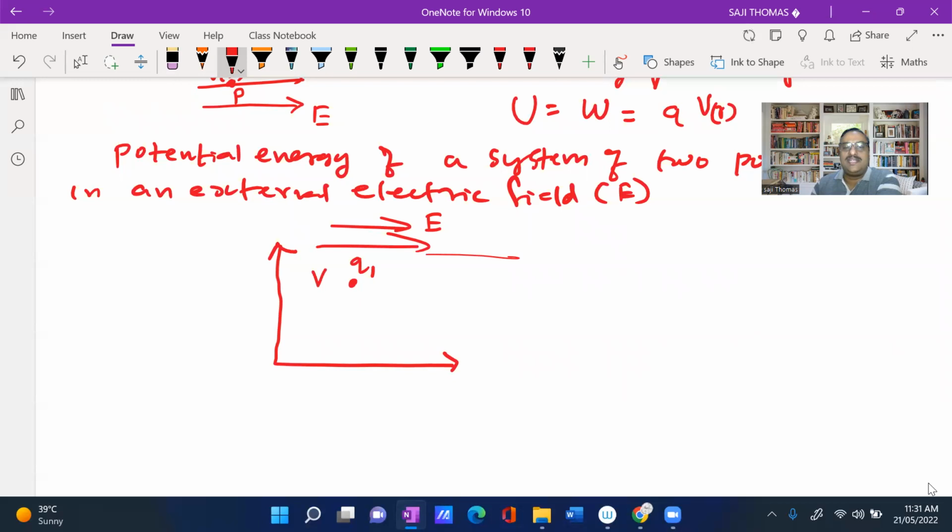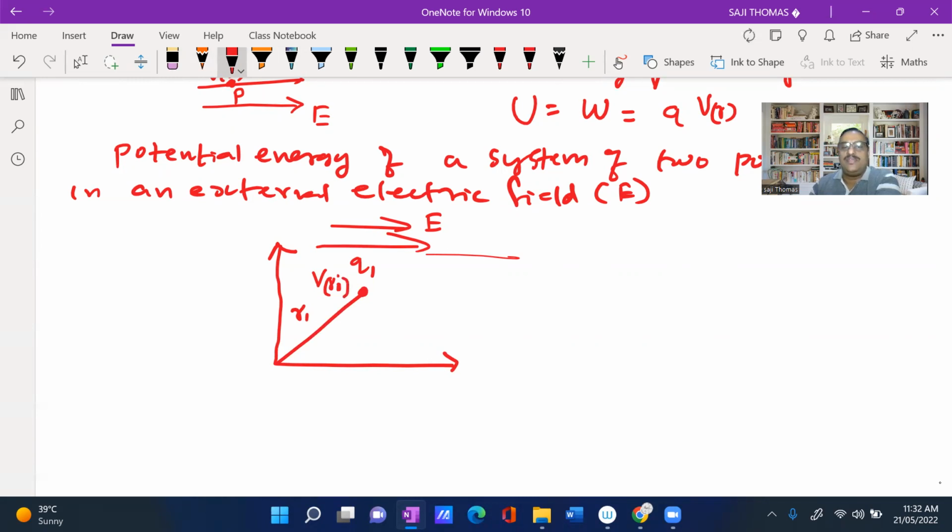So here the potential is V(R1). R1 is the position vector of the charge Q1 from the origin.